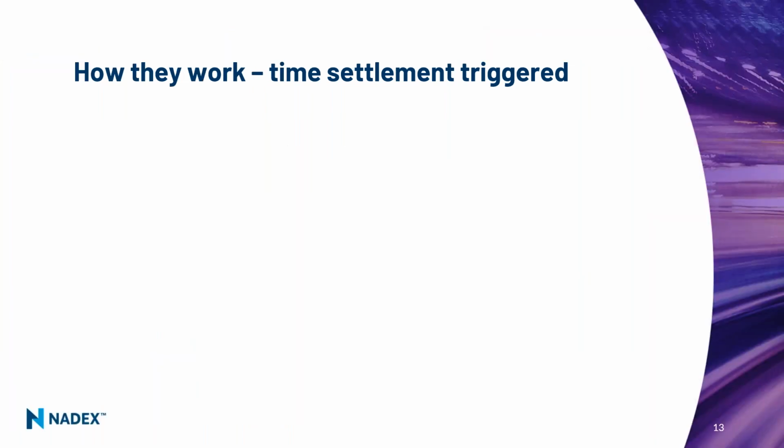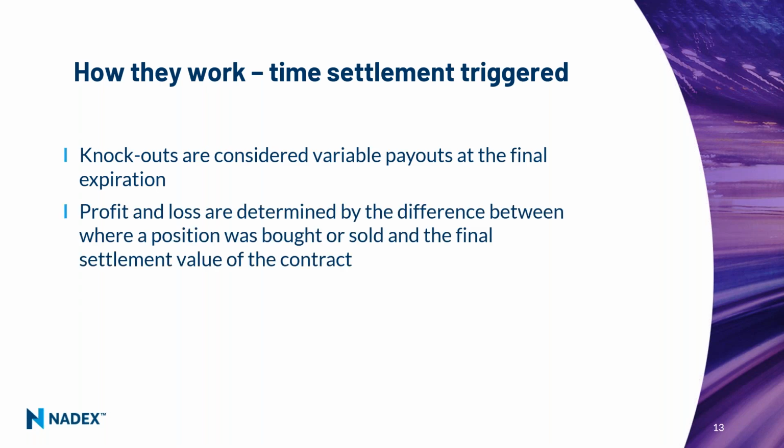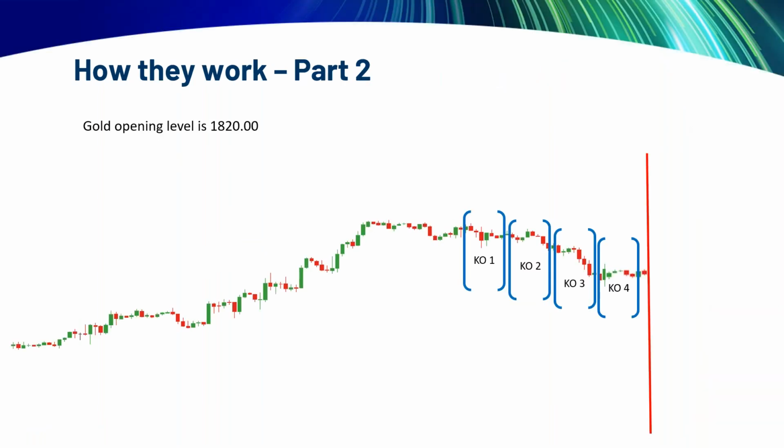Now, let's talk about that time triggered settlement. All right. I'm just going to walk through the example where, here's at the end of the week, these were the last 4 knockouts that we had at the end of the week, and gold settles at a price.